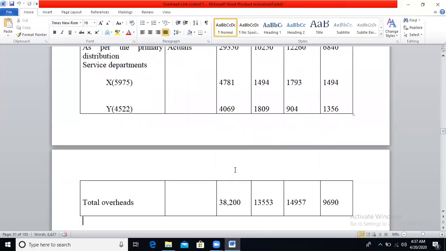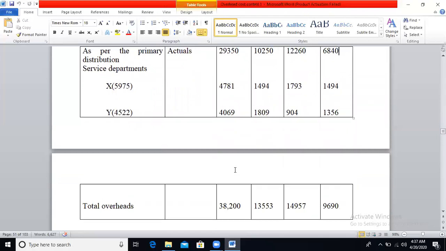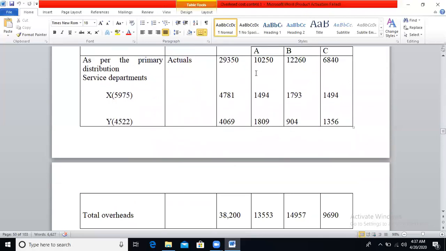Now total this. Total of production department A: 10,250 plus 1,494 plus 1,809, the total value will be 13,553. And for department B: 12,260 plus 1,793 plus 904, you will get 14,957.